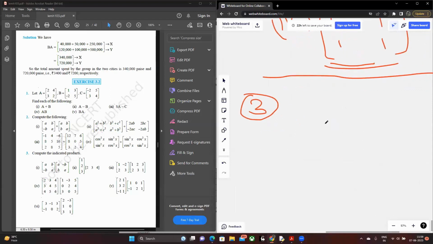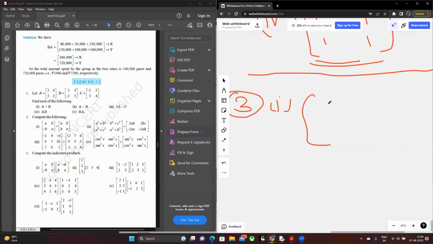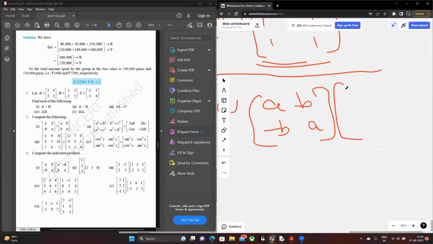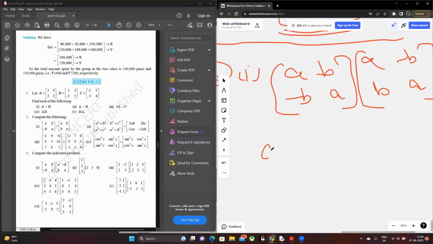Question number 3. Compute the indicated products. 1. Basically, you have AB, you have minus BA, then we have A minus B and BA. Right? First things first, your A11 is going to be equal to this vector multiplied with this vector, right?